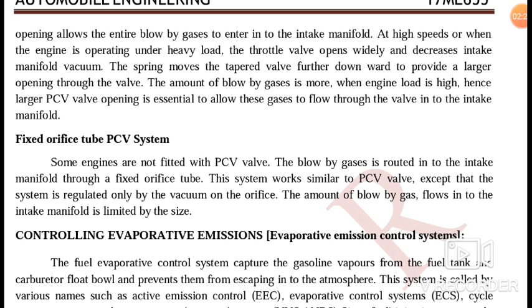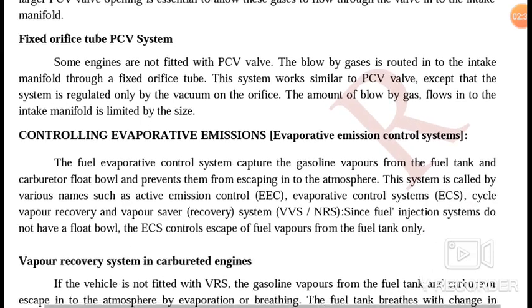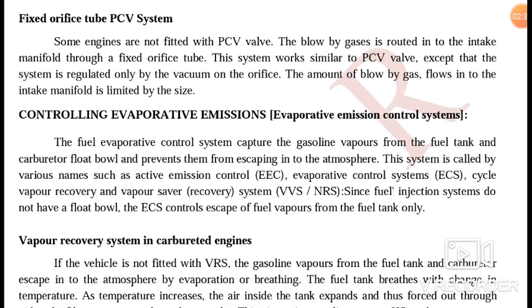The evaporative control system captures the gasoline vapor formed in the fuel tank. So whatever gasoline vapor or fuel vapor is formed inside the fuel tank and carburetor will be received by these evaporative emission control systems.